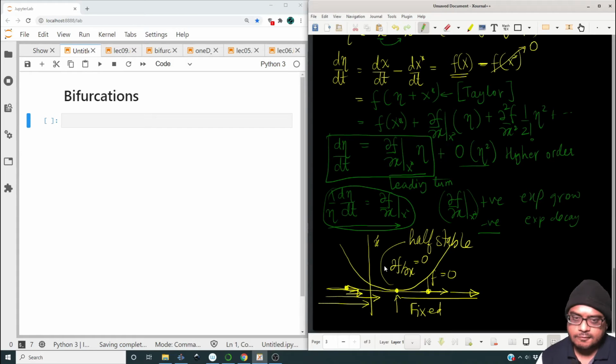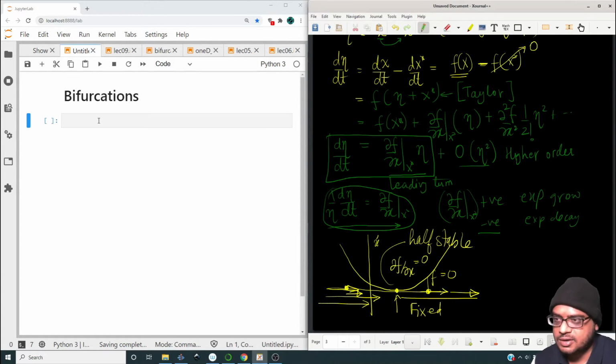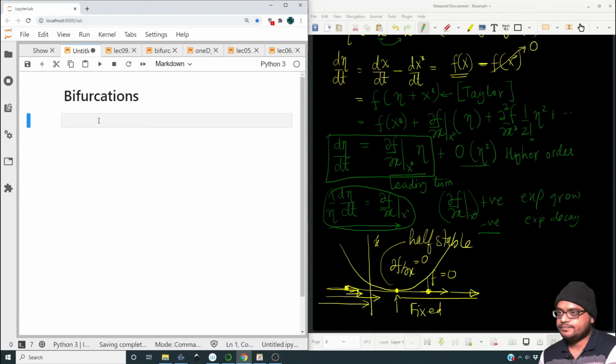So often we will have conditions where the physics of the problem will be dictated by some controlling parameter. Let us have a look at the ordinary differential equation x dot is equal to r plus x square.